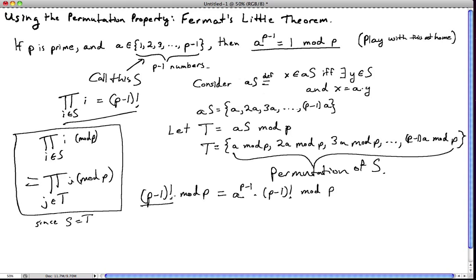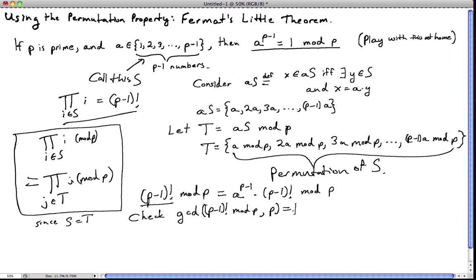Well, to be able to divide by it, it has to have a multiplicative inverse. For it to have a multiplicative inverse, we need to check that the GCD of p minus 1 factorial mod p and p is equal to 1.